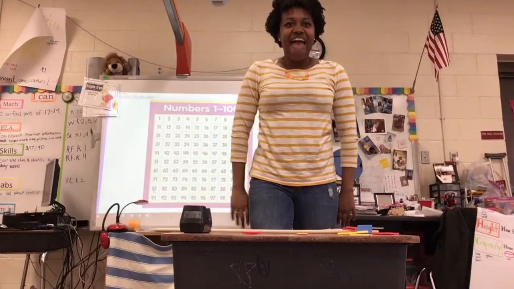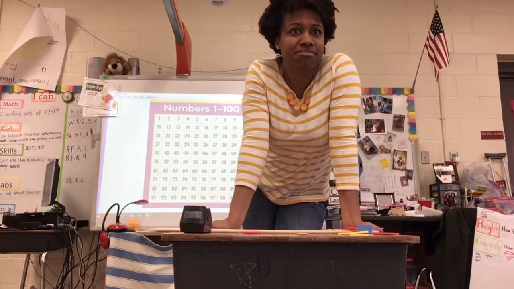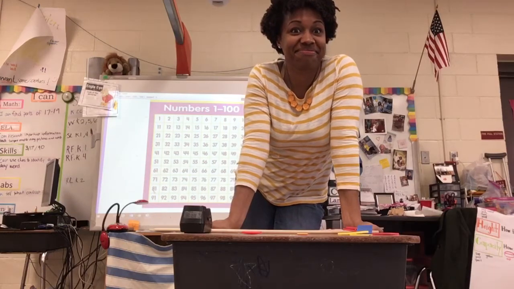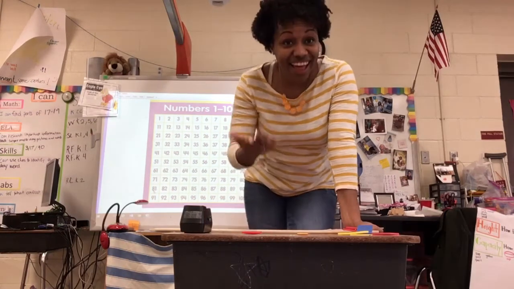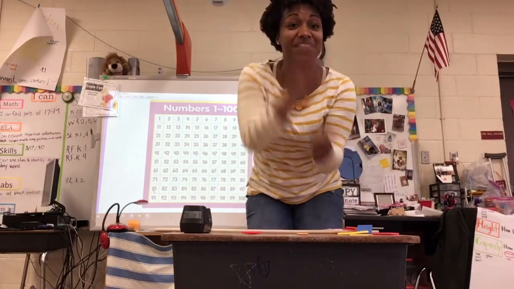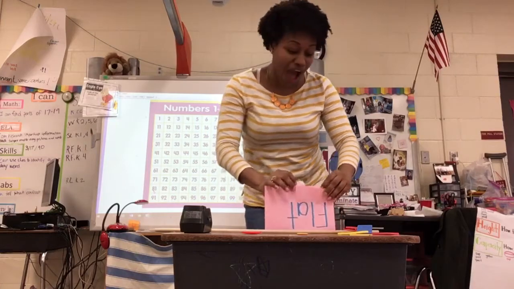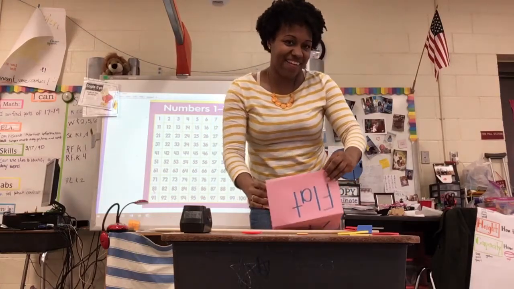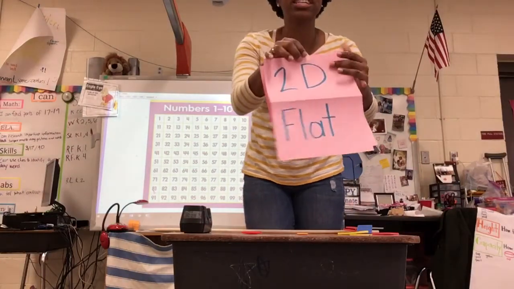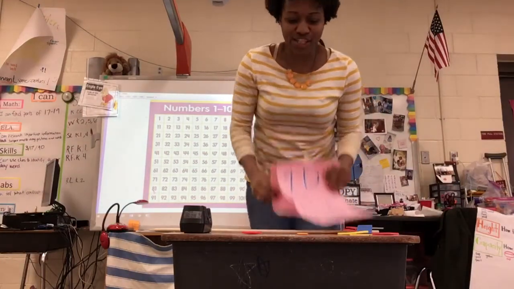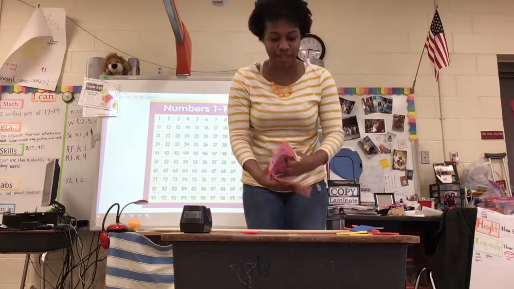It fell again! So what does it mean if it falls? Yeah, if it falls, that means it's flat. And we know that 2D shapes are flat. Good job. So my circle counter is flat. Let's try one more.